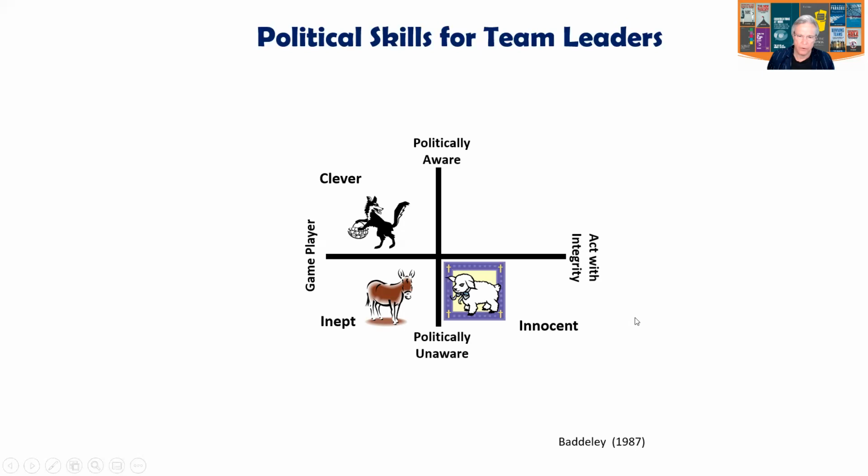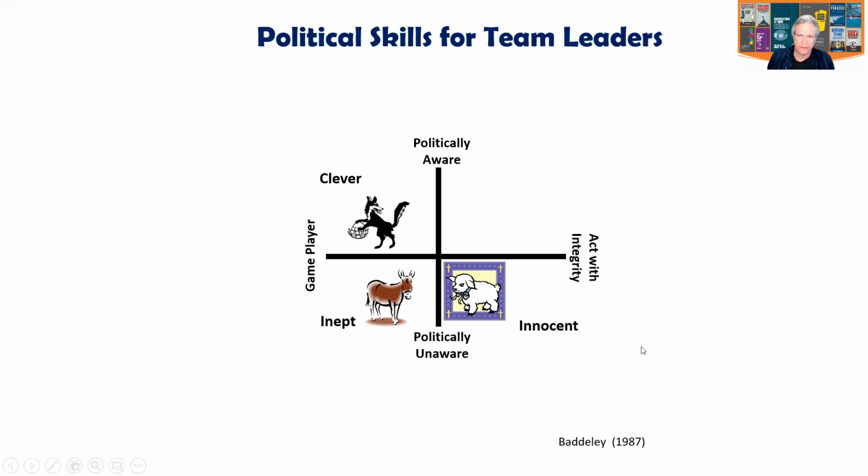Now, we'd call them perhaps lambs, and I might say lambs to the slaughter, because if you're a team leader, I don't recommend that you be in this quadrant, because the fact of the matter is politics goes on everywhere. Politics goes on in all ways, shapes and forms, and we need to be aware of it.